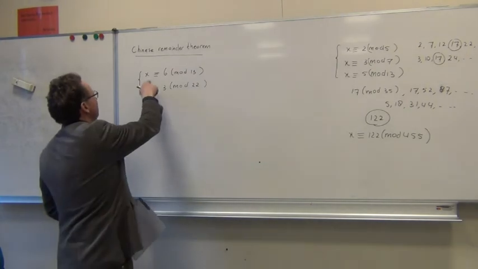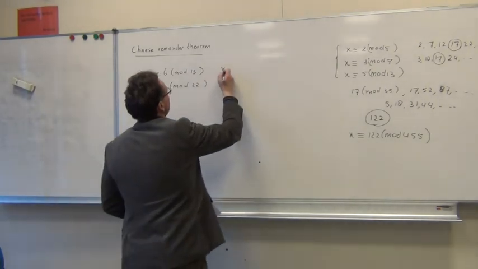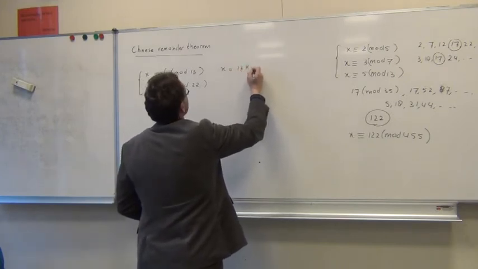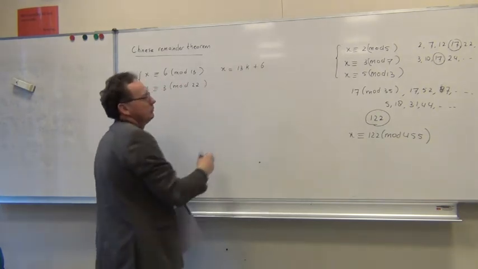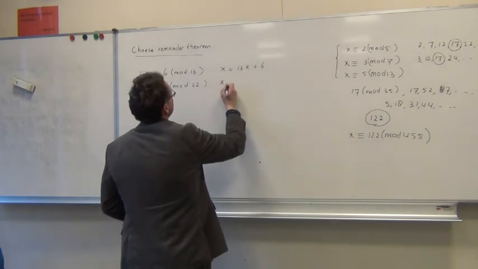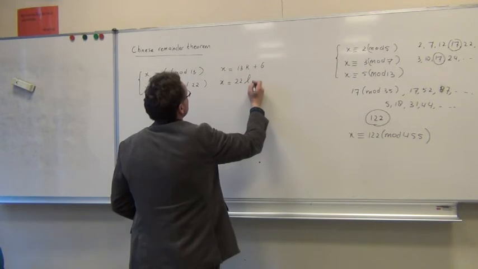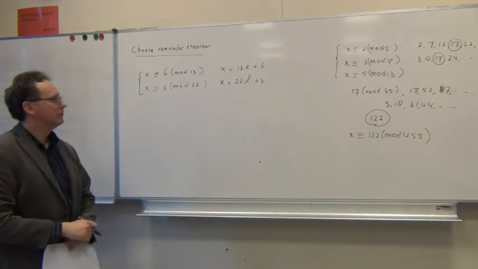Well, based on this statement, we can say that x can be written as, let's say, 13k plus 6, because it's a multiple of 13 plus 6. Similarly, based on the second one, x can be written as 22l plus 3. k and l are both integers, of course.